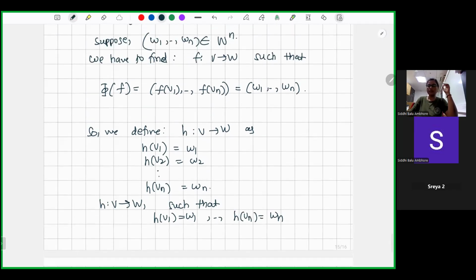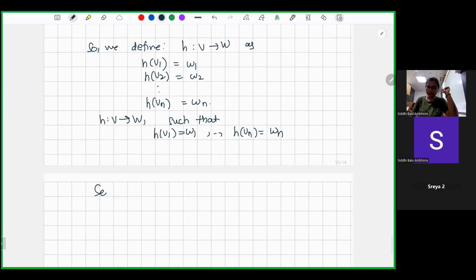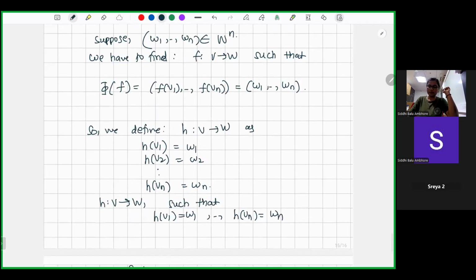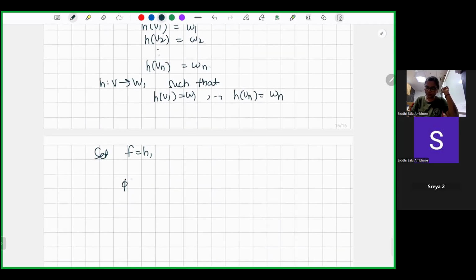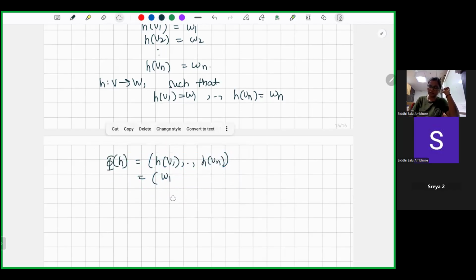So we just set f to be h. For this h, phi of h will be (h of v1, ..., h of vn), and that is exactly (w1, ..., wn), because that's how I have defined this h.